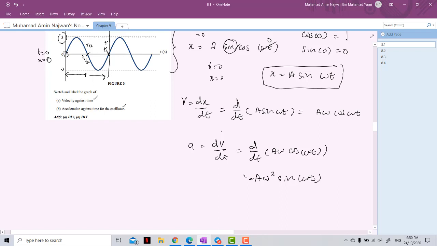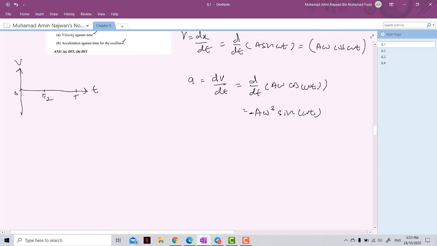So, how do you plot this graph? Simple enough. Okay. Graph di sini of V against T boleh start dengan kosong, T per 2 and T. Ni equation kita. Bila T sama dengan kosong, V sama dengan A omega cos kosong.